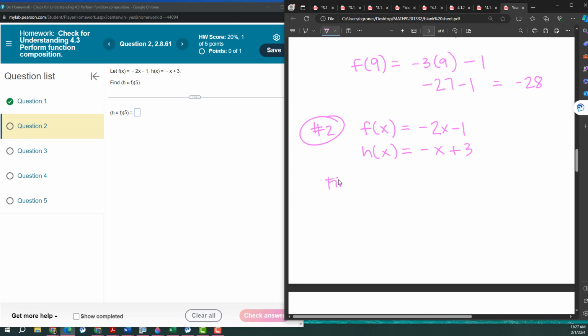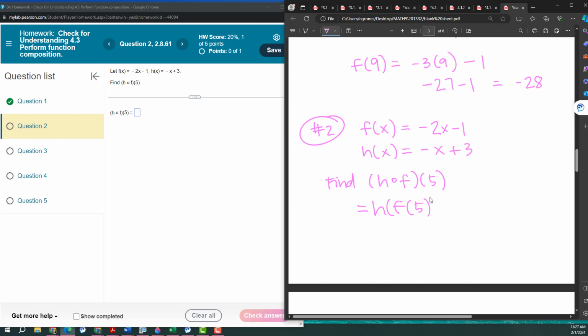And we want to find h of f where x equals 5. So this is going to be h of f of x. In this case, x equals 5.